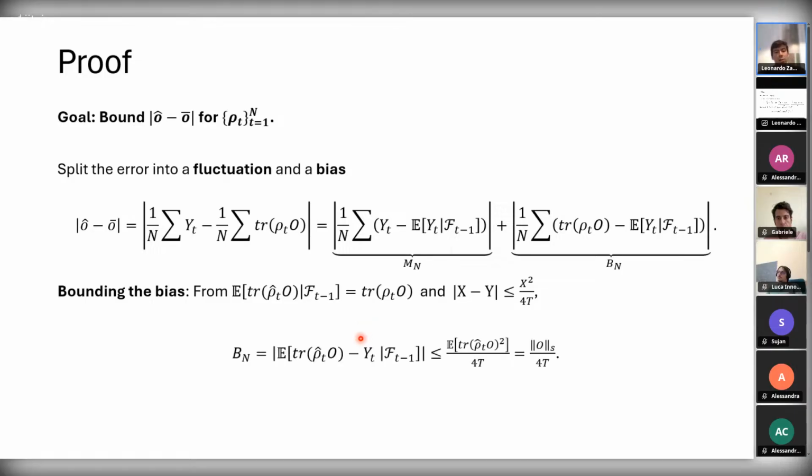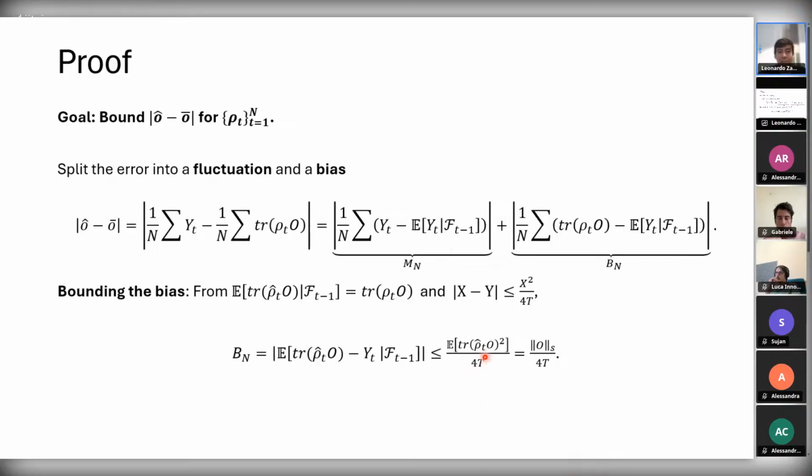Okay, so let's look at the bias first. To bound this error, we notice that these two things are the same, because the average over the shadows is equal to the true value at that round. Then using this formula that is just algebra, you get this. This is x, and this is y.